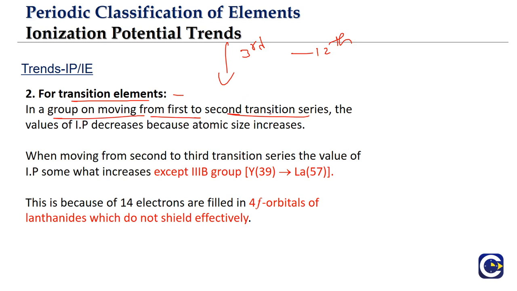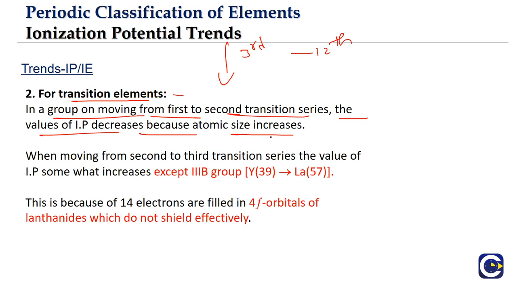The 3d series. Second means what? 4d series. The value of ionization potential decreases. This is just like what we normally see in the representative elements. When you go from one period element to the next period element of the same group, we are adding a shell essentially. Means the outermost electrons are moving farther from the nucleus. Means it will be easy for the removal.